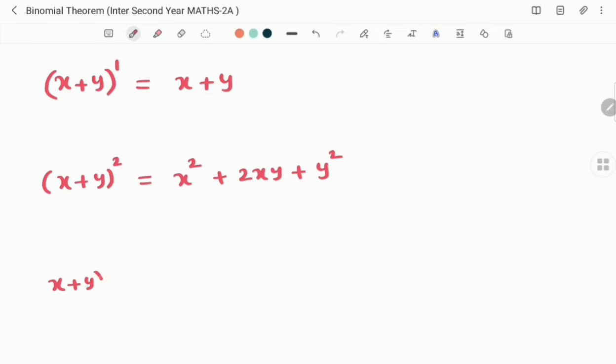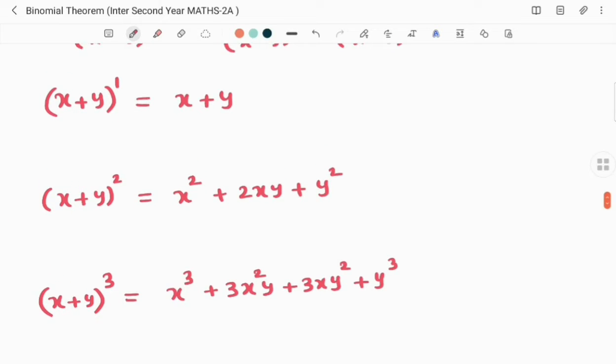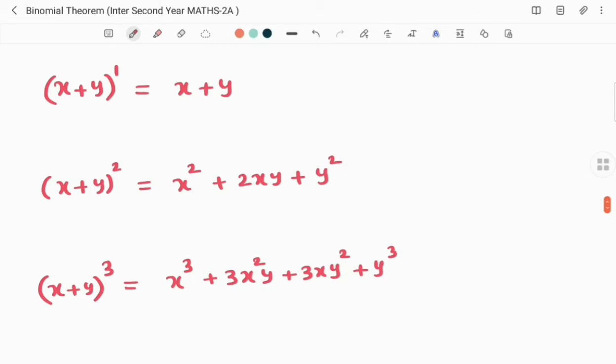x plus y whole cube equals x cube plus 3x square y plus 3xy square plus y cube. This is the expansion of x plus y whole cube. Why are we giving this information?